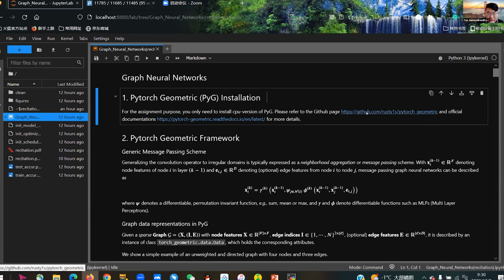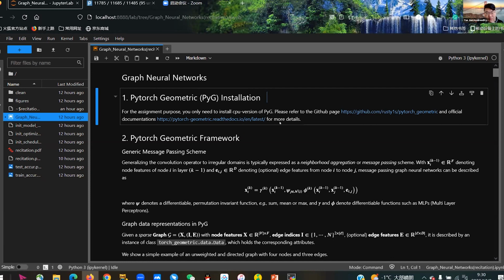Here is the official website of PyTorch Geometric. PyTorch Geometric is a package built on PyTorch that has built-in functions for GNNs and for different types of GNN layers, as well as dataset data loaders.